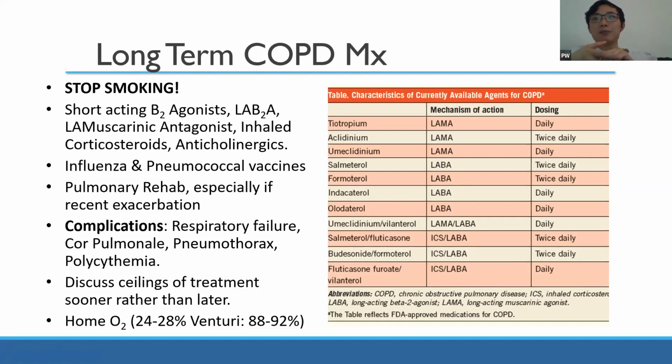You can have your LAMAs, which are the tiotropium, ipratropiums, which help with the muscles in terms of the elasticity of their lungs. You can give them some inhaled corticosteroids, which help reduce some of the inflammation which is present in their lungs, and some anticholinergics as well, which can similarly stimulate some reduced inflammation.